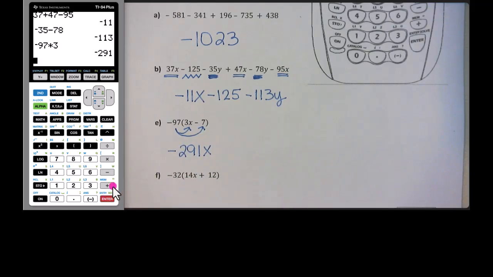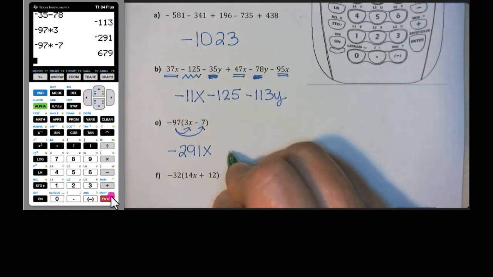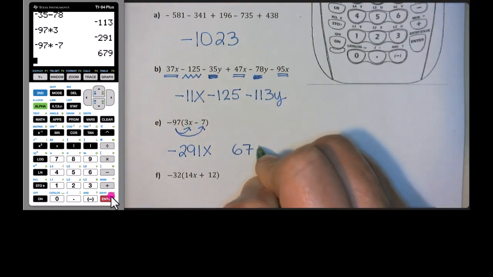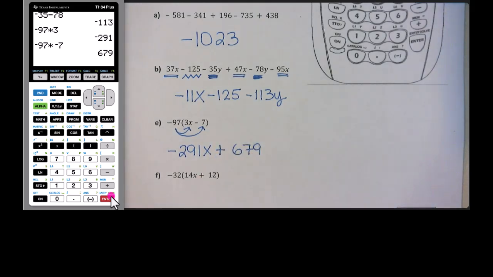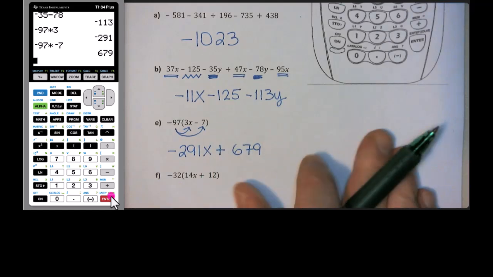And then we do negative 97 times negative 7, and we get 679. Please remember, if there's no sign on the calculator, that means the number is positive, and you need to write a positive if there's something in the front.